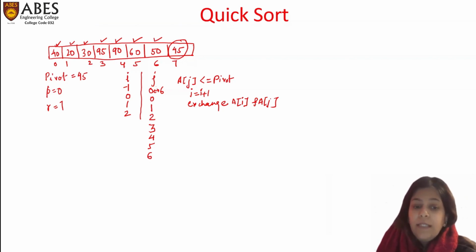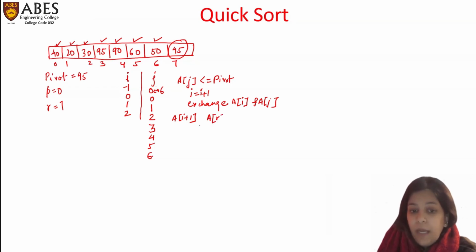Now, as you know that j has now reached 6, which was the last number that j is supposed to take. At this point of time, we have to again do one swapping. That is, we have to swap the values of ai plus 1 with a of upper bound.